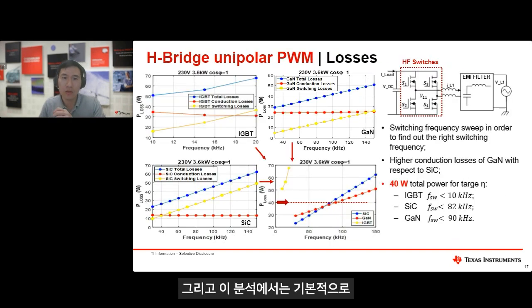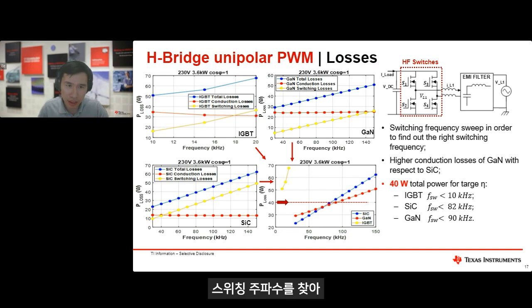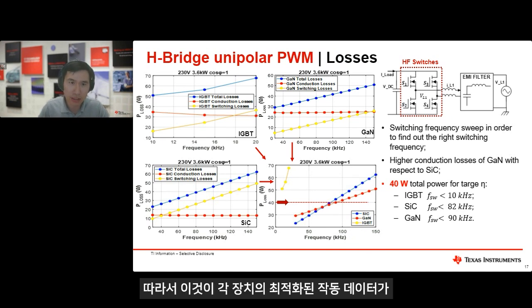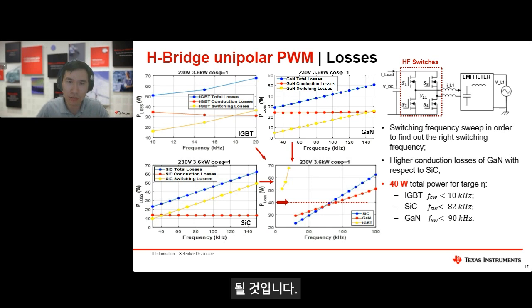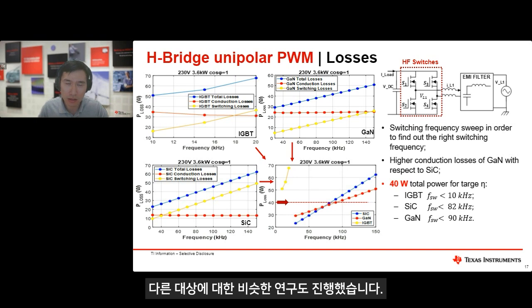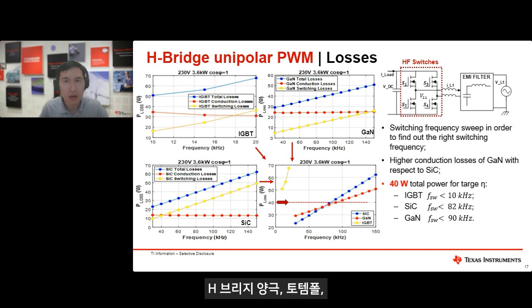For this analysis, the switching frequency is swept to find the best switching frequency that can meet the efficiency target, so that will be the optimized operating point for each device. This is one example, in the H-bridge unipolar PWM modulation, of how the approach looks. A similar study was also done on the other cases, including the H-bridge bipolar, the two-tone pole, and the Heric.